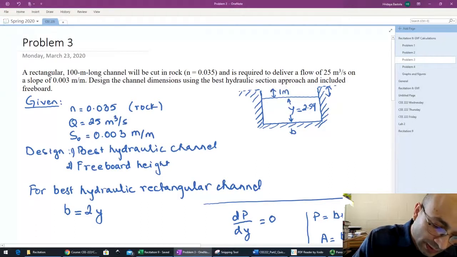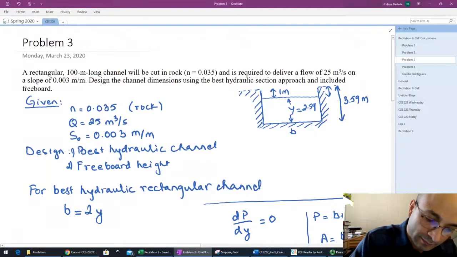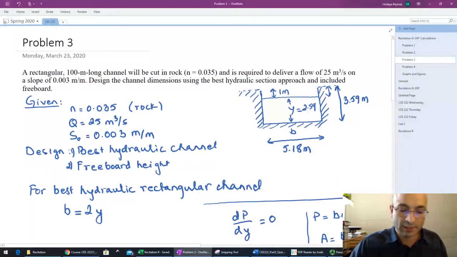So the total height is going to be 3.59, and the channel width here, B, is going to be 5.18 meter. So that's our design for this channel.